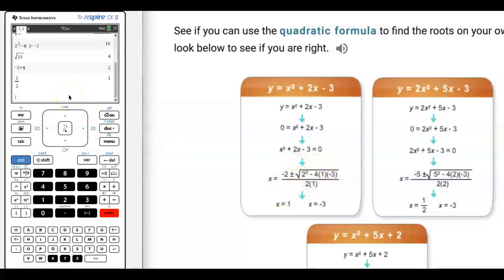So I have to do -2 minus 4 divided by 2, and I get my x equals -3 here.